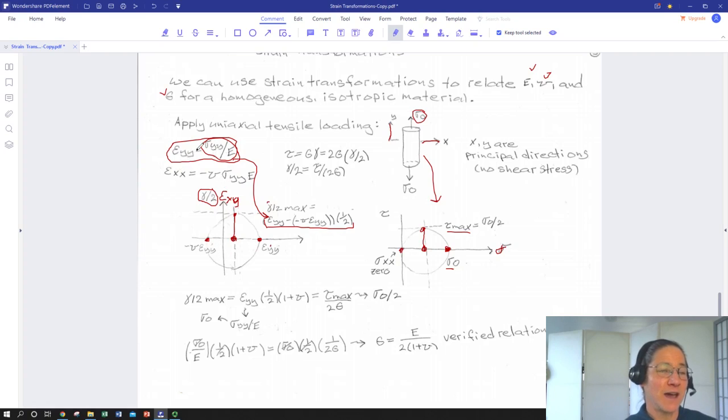And if we have a relationship for EYY in terms of stress and Young's modulus, we can do the same thing for EXX, because EXX is just EYY times negative Poisson's, so we're going to drop that relationship, move an E over here. And that should have been over, and correct that.